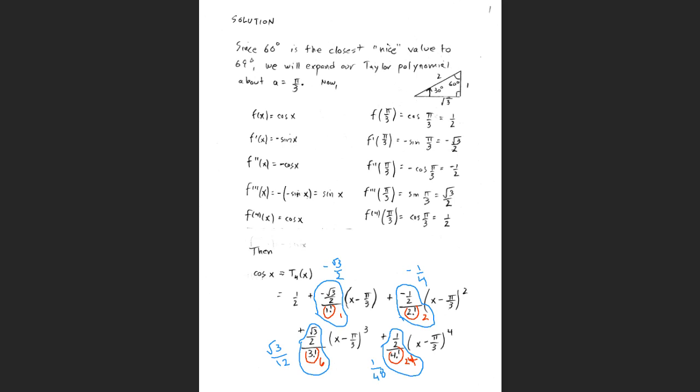Okay. So in simplified form, this is your 4th degree Taylor polynomial. There it is. And you could check this in WebAssign.